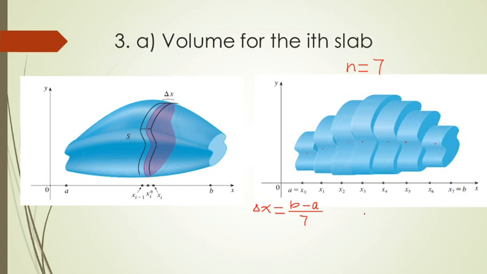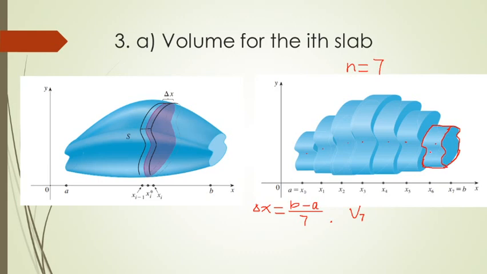Now we can check the last one, V7 here. So V7 is this slab. We use the 7 slabs, and this is the cross-sectional region. We understand the cross-section areas are different in those 7 pieces.